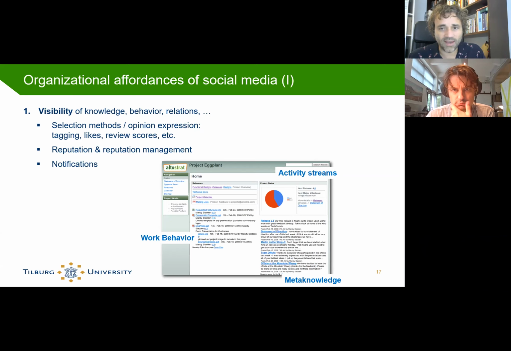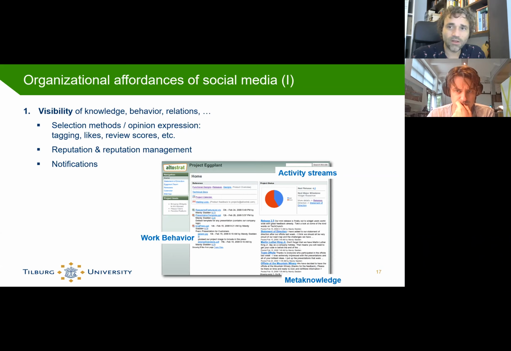On LinkedIn, you ask for recommendations, or people acknowledge you for a certain skill. That's also part of visibility. It allows others to see what people's expertise is. And finally, of course, notifications. Visibility is also: is someone in the office? It's about being online on WhatsApp, so you know when people can and cannot be contacted.